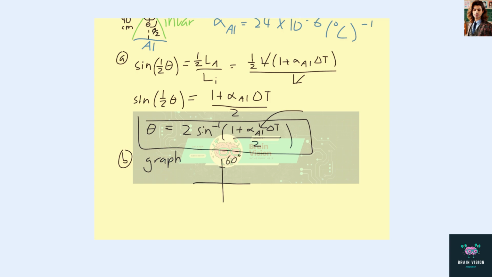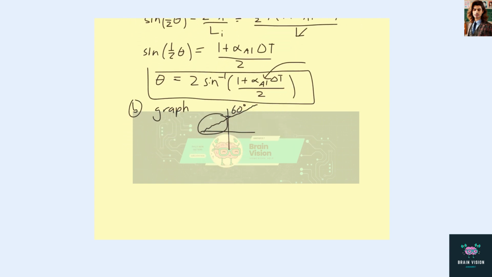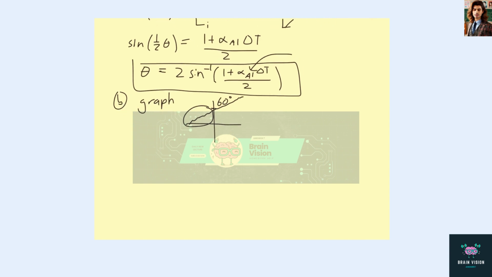It's going to kind of keep going up, and it might have a little squiggle to it based on the arc sine. And yes, this is what we would expect for the negative function. When temperature decreases, aluminum shrinks, and we would expect the angle would also shrink. So yep, that does make sense.